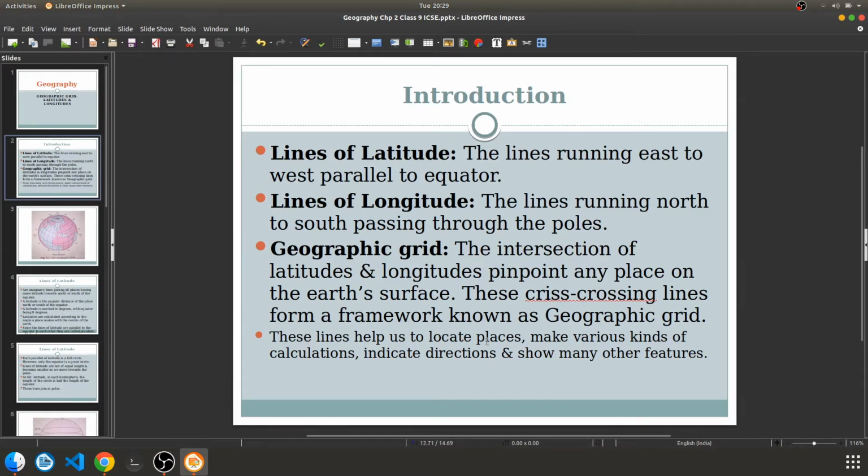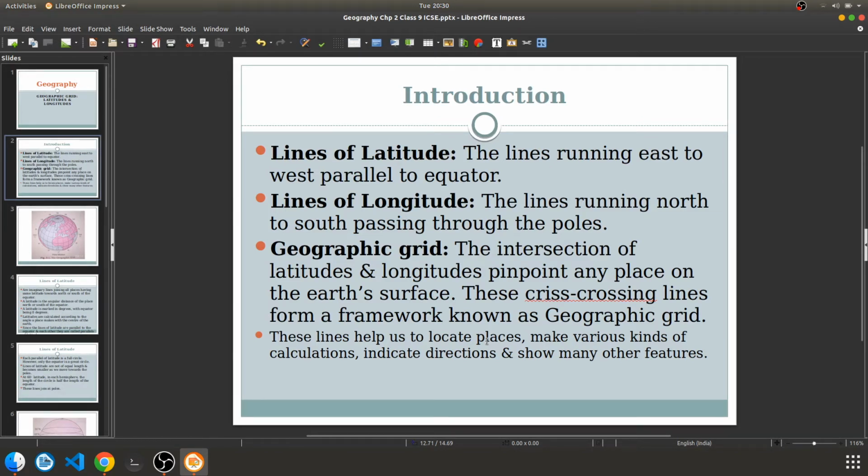You might have seen on the maps of India, if you have seen it carefully, that the readings are north, east, south, west. That means the specific location of a place can be understood by this geographic grid only, with the help of latitudes and longitudes.